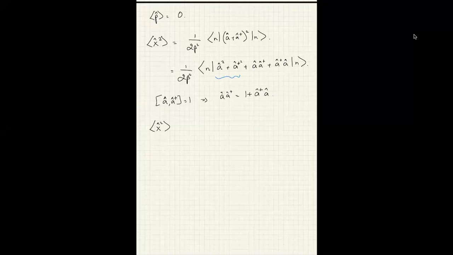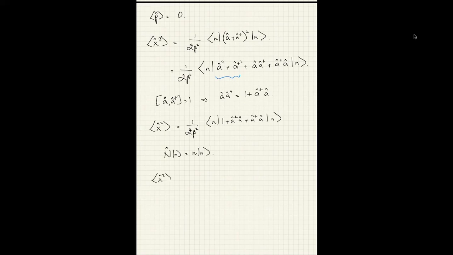So the expectation value of the x square operator can be written as 1 over 2 beta square n 1. Instead of a a dagger, I will write 1 plus a dagger a, and there is another a dagger a times n. A dagger a is nothing but the number operator. The number operator acting on n simply counts the number of particles in that state.